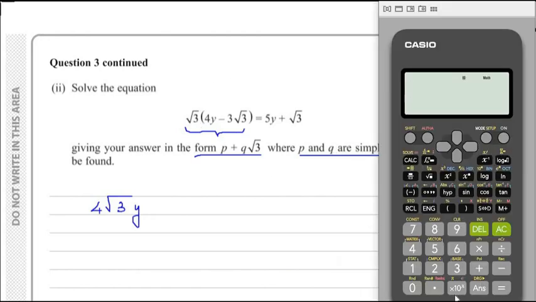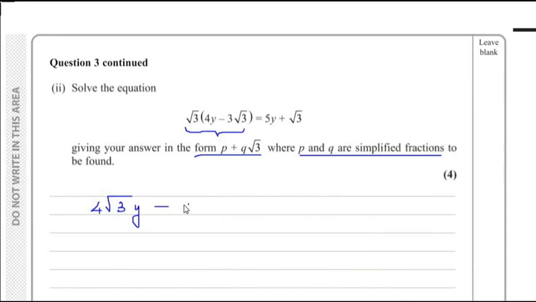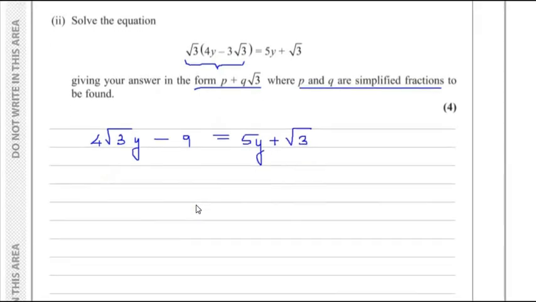So let us check how much we get. So √3 times −3√3, we get it as −9. So we have here −9 = 5y + √3. Now we will try to gather the like terms on one side of the equation and the rest of the terms on the other side.